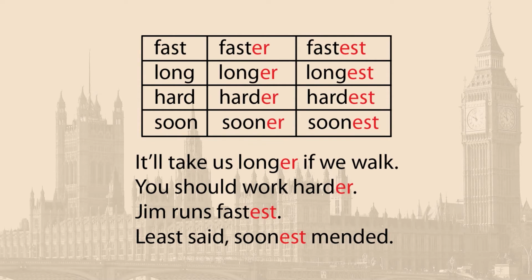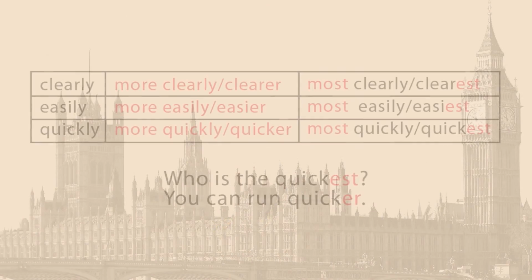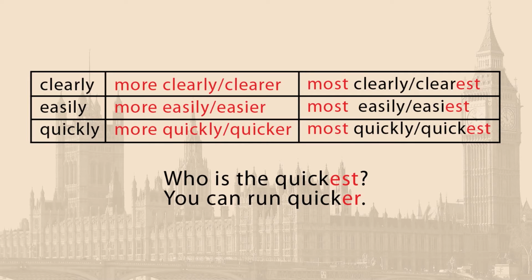The same model is used for one-syllable adverbs. Soon, sooner, soonest. Least said, soonest mended, the proverb says. In conversational English, however, they use both models for 2- and 3-syllable adverbs. For example, clearly, more clearly or clearer, most clearly or clearest.